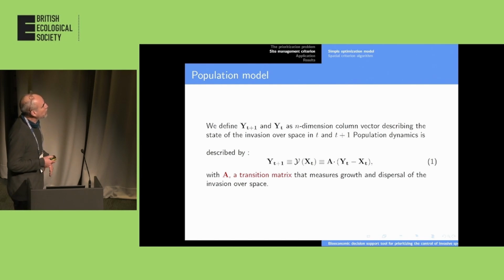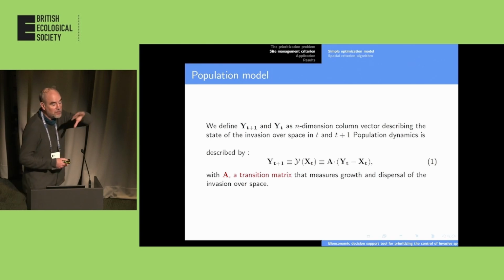So you need to start by understanding dynamics, and we model dynamics in a very simple way. The abundance of the species, again, it's a vector. The abundance of the species in the different areas of my park depends on the abundance we had in period T, minus how much you removed in period T. And obviously, there's a transition matrix because the invasion is spreading.